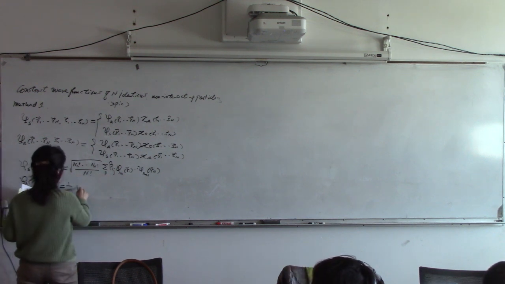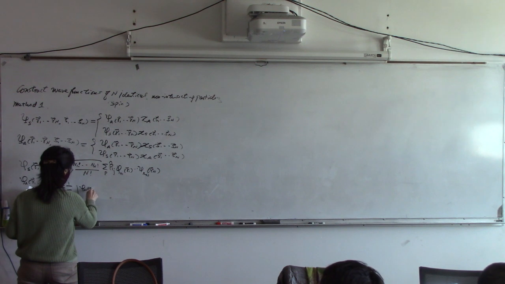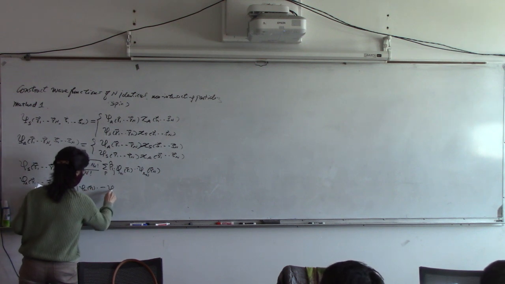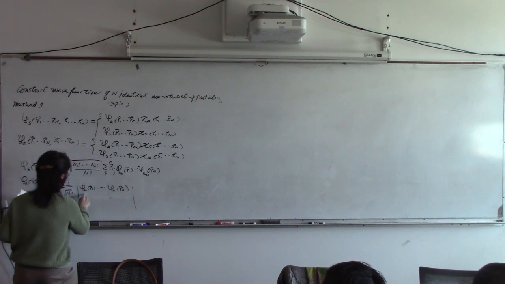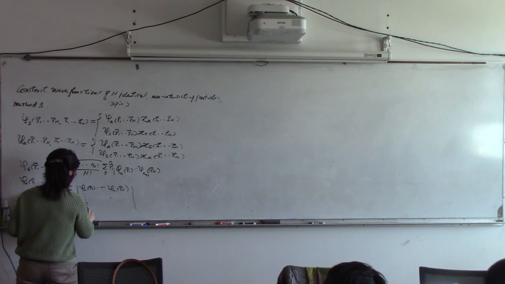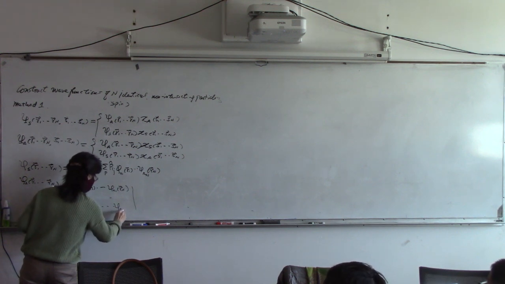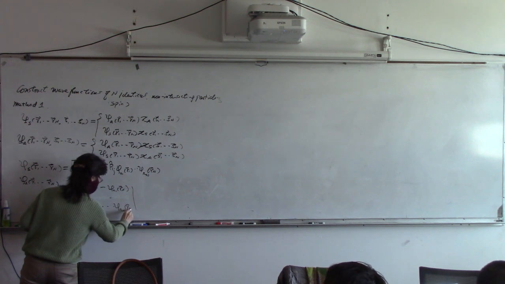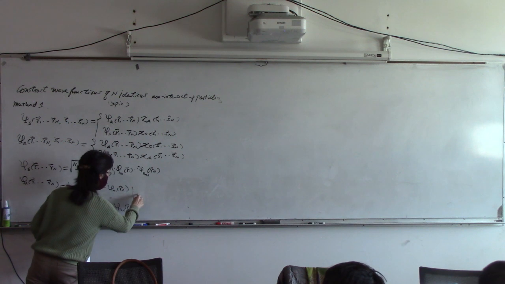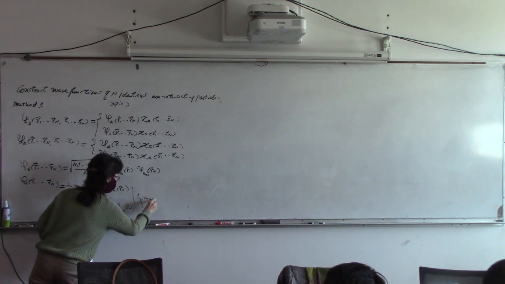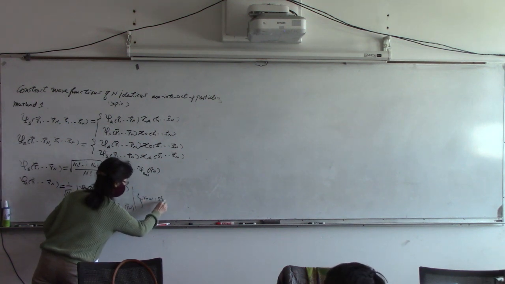Okay, so psi n1 r1, psi n1 rn, and go to psi n r1, psi n rn. Then you can see here the row is the states index.